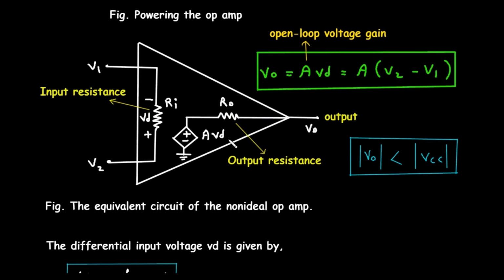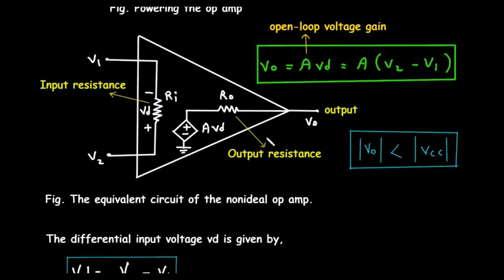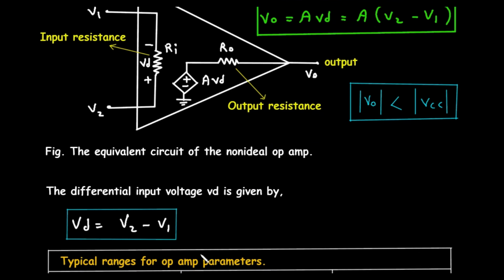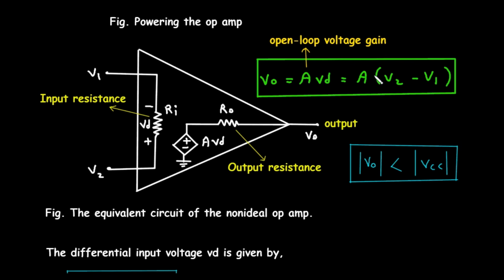Then next, the final output voltage is VO equal to A into Vd. Again, A represents open loop voltage gain and Vd represents differential input voltage. Then it is equal to A into V2 minus V1, as we have already seen that Vd is V2 minus V1.